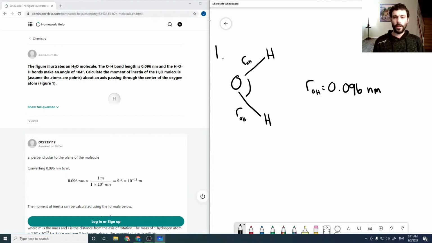And then the HOH bond angle, which I'm going to call theta, is equal to 104 degrees.